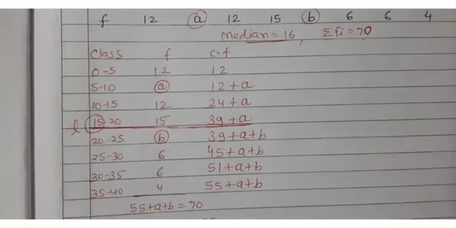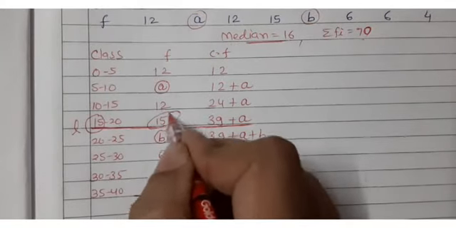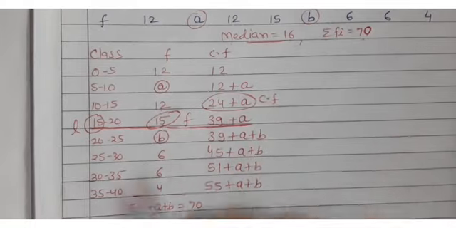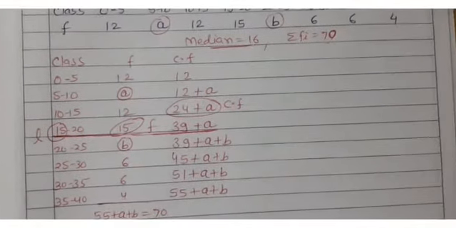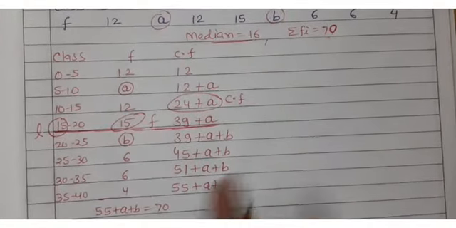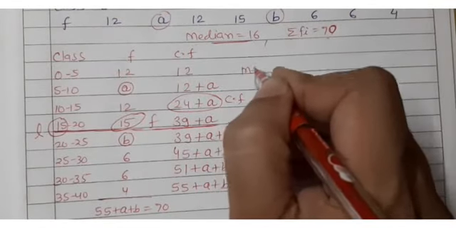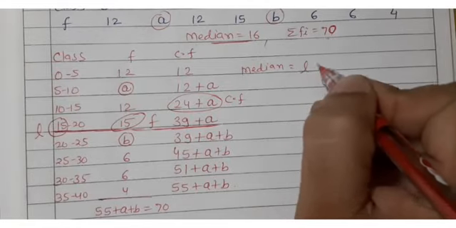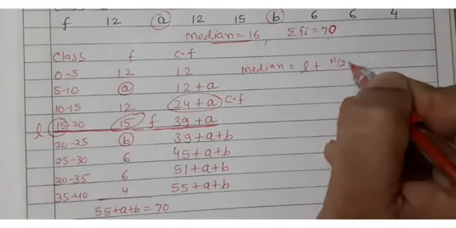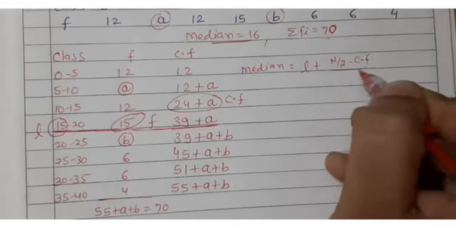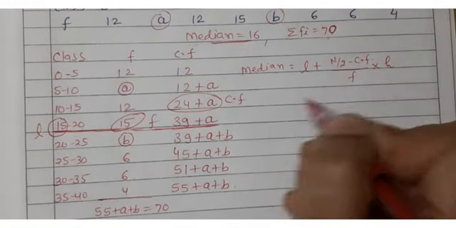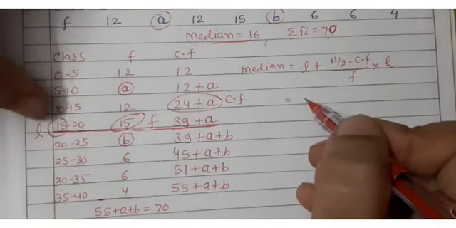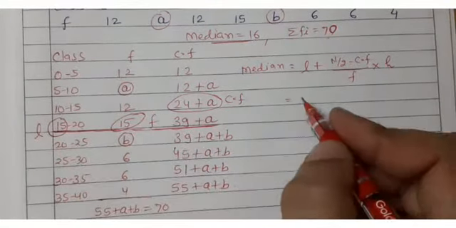L will be this, F will be this, and CF will be this. You have to write this in the formula. The formula is: median is equal to L plus n by 2 minus CF upon F into H. What is L? L is 15.